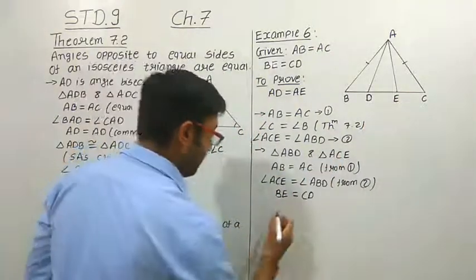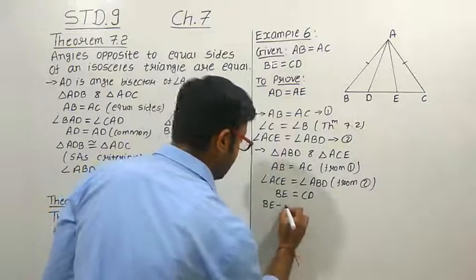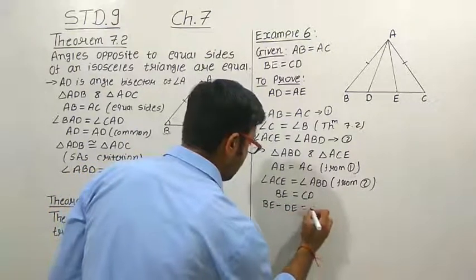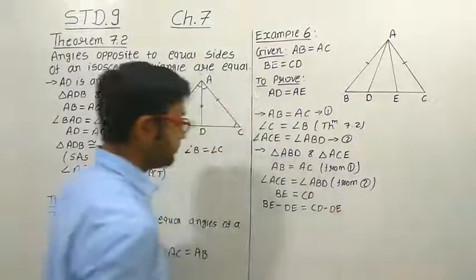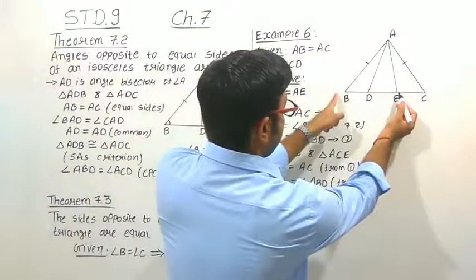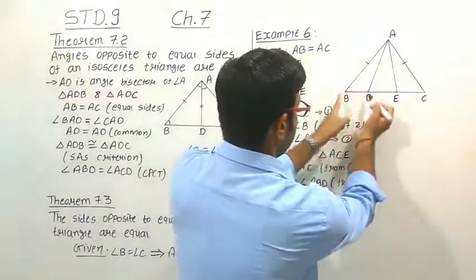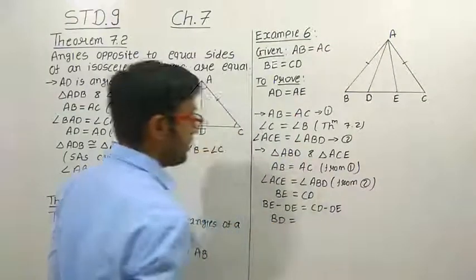So let us subtract DE from both sides. So BE minus DE equals CD minus DE. Now see, what is BE minus DE? What will remain? BD will remain. Okay.